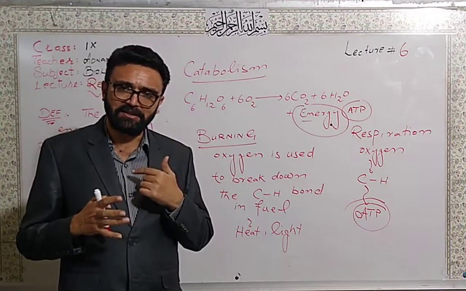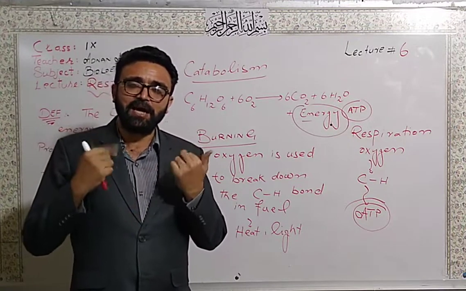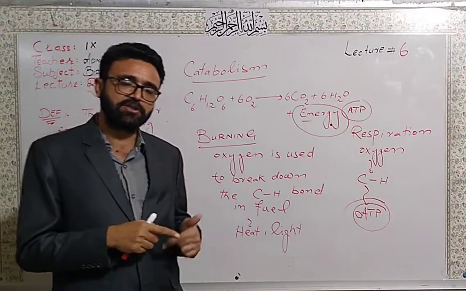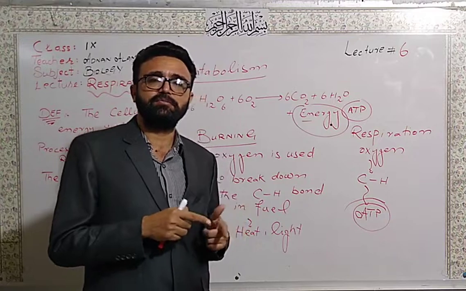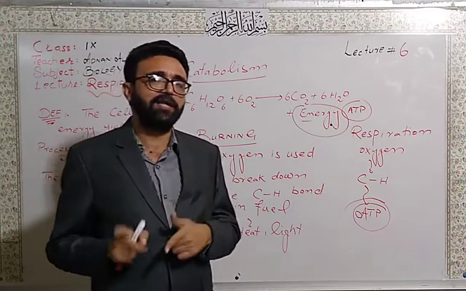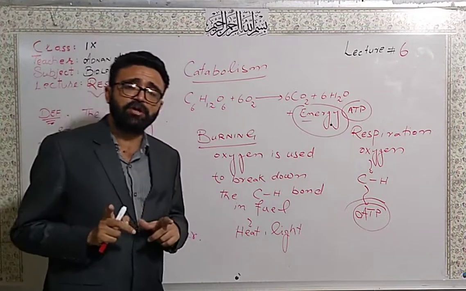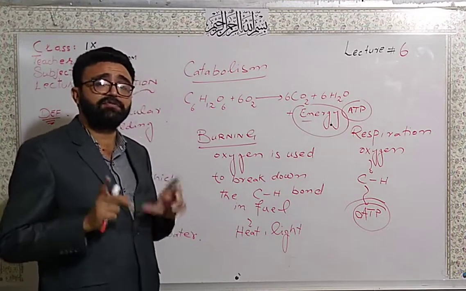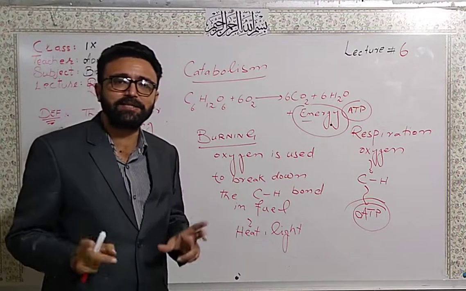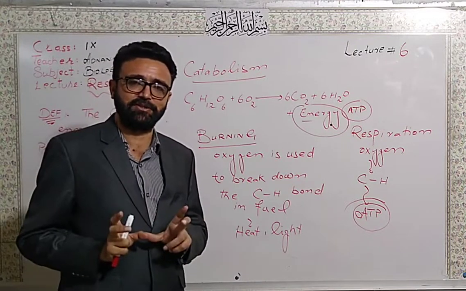First is breathing. We inhale and exhale the gases. Then the gaseous exchange in the lungs, where gases move into the blood and out from the blood. And then the cellular respiration process, in which food is oxidized and energy is released.